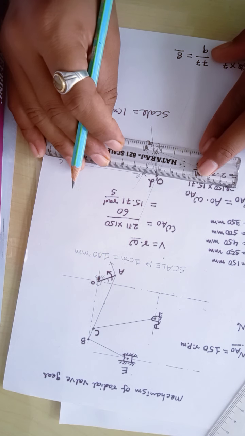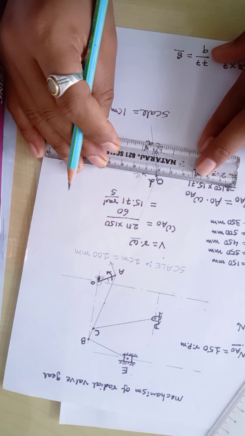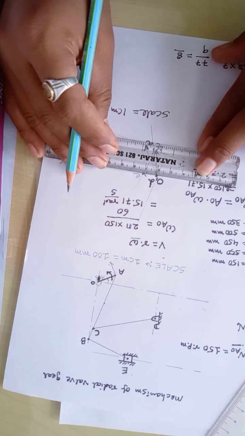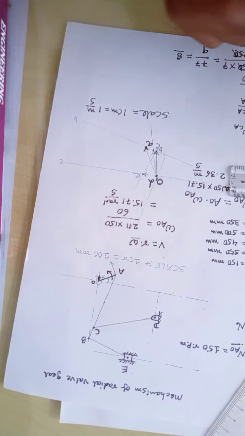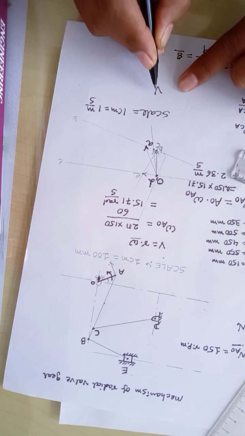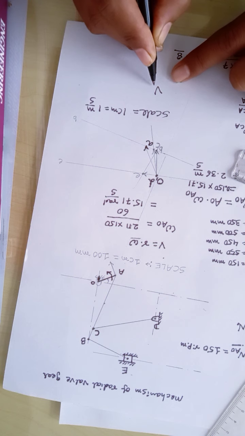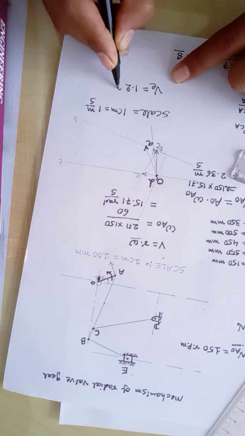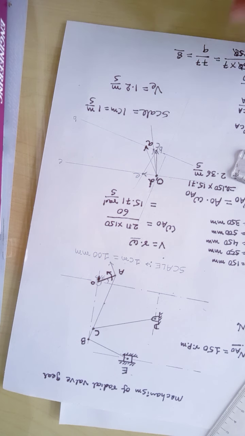So let us take the value, it is 1.2. So velocity of slider is 1.2 meter per second. So in this way you can find out velocity of the mechanism.